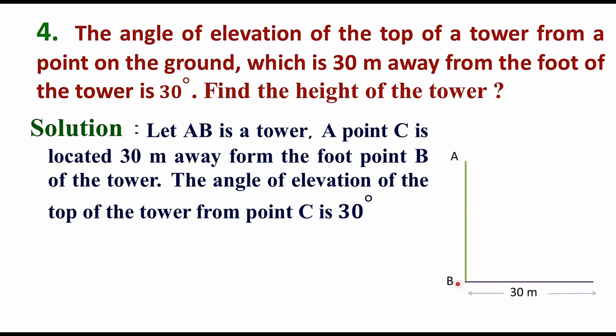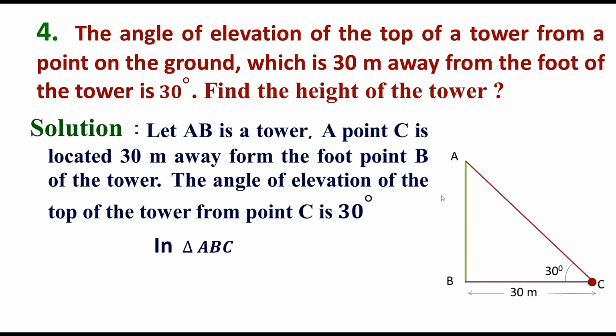The foot point of tower AB is B, and from B a point C, we can see here the point C is 30 meter away from the point B, and the angle of elevation from the point C to the top of the tower A is equal to 30 degree.